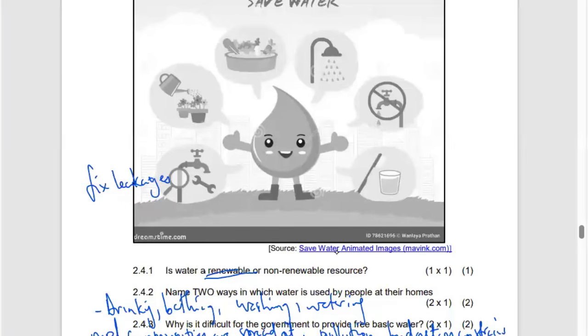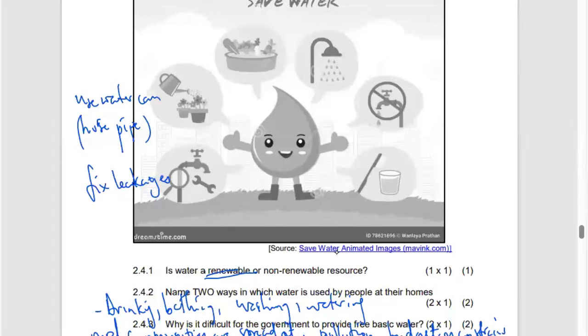So we can safely say use a watering can in the place of a hose pipe. A hose pipe consumes more water than if you are using a watering can. So it's more advisable that we use the watering can instead of using the hose pipe. In its place, let's use the watering can.